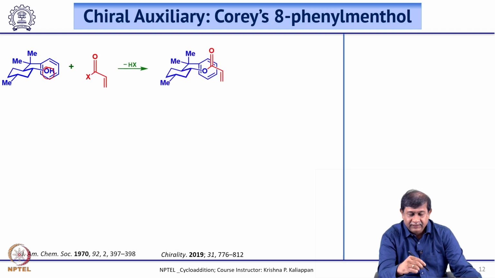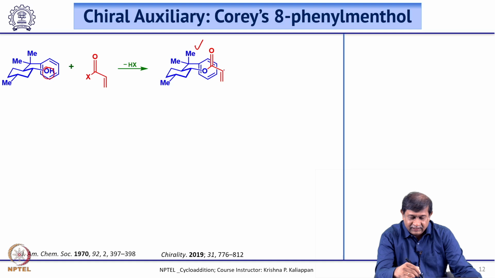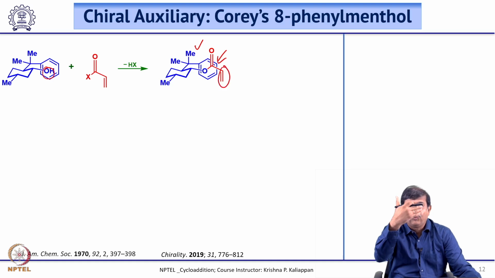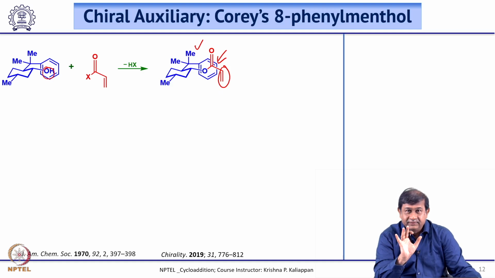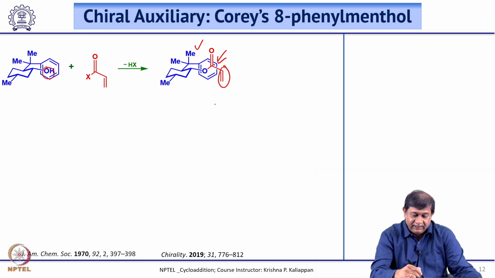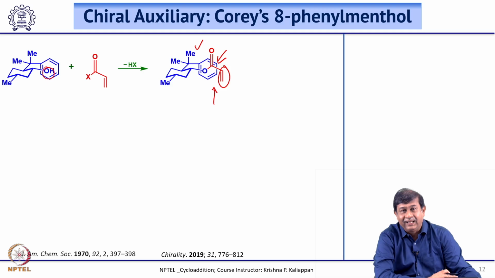Now in this intermediate, you have attached the dienophile to the chiral auxiliary. That is the first step. Once you have attached the chiral auxiliary, you can see this double bond is blocked by the phenyl group from one face. Now, if the diene has to approach this dienophile, it can approach only from the front side, and the back side is blocked by the phenyl group.